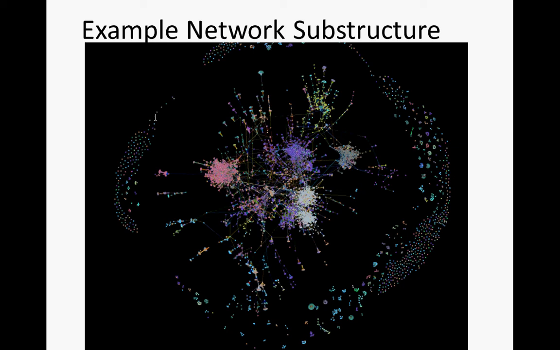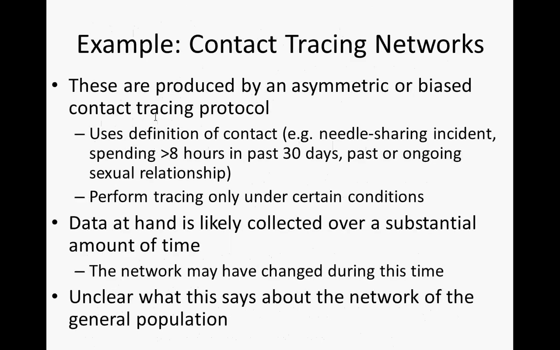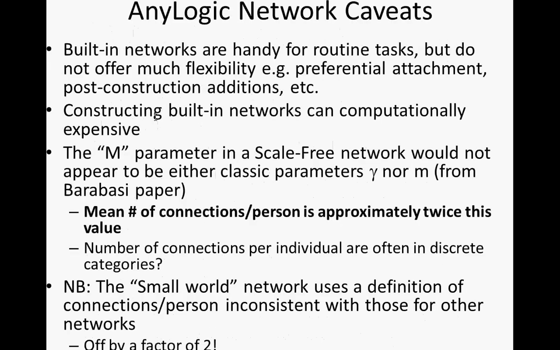Okay, just some caveats before we break. The built-in networks that we've looked at are handy for routine tasks, but they don't directly offer much flexibility, for example, for preferential attachment, representing the fact that people with similar ages are more likely to associate with each other.